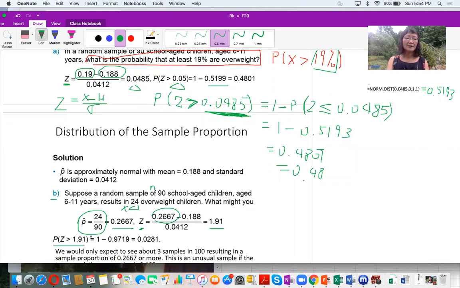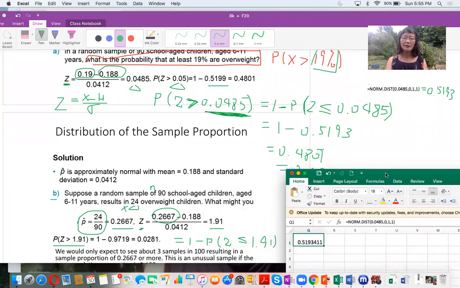Again, this is equal to 1 minus the probability of z smaller equal to 1.91. You can use the table or use Excel.